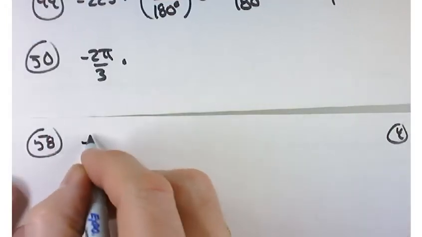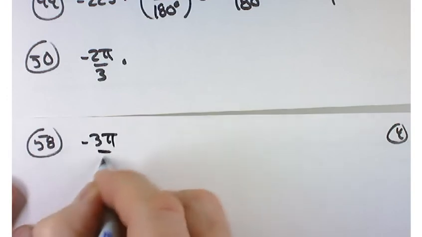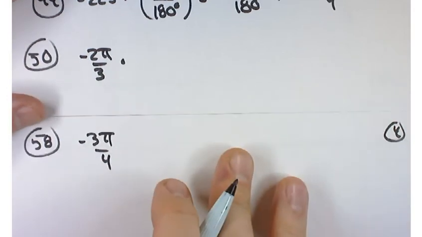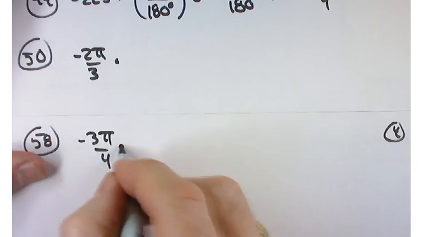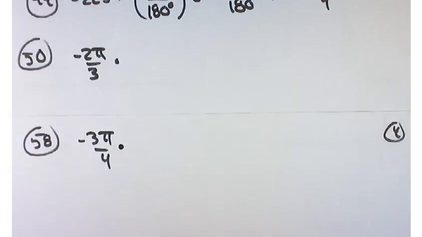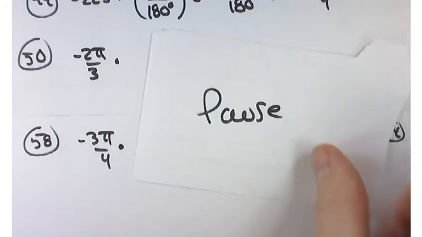Also do number 58, negative 3 pi over 4. Both of these need to get multiplied. See what you can do.